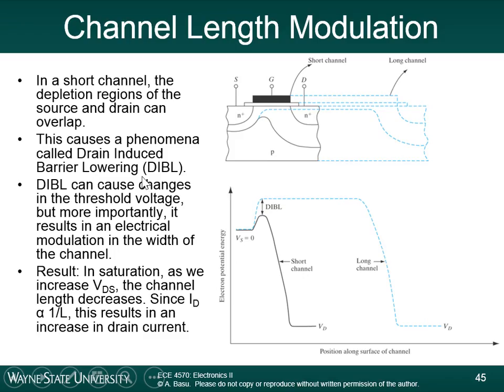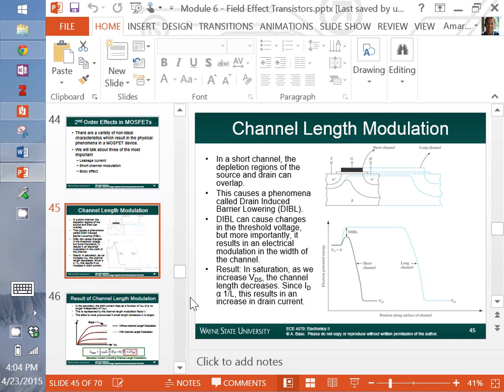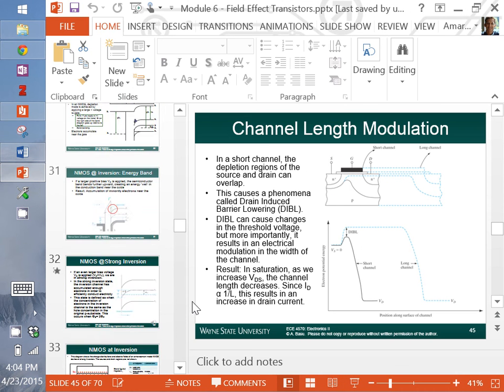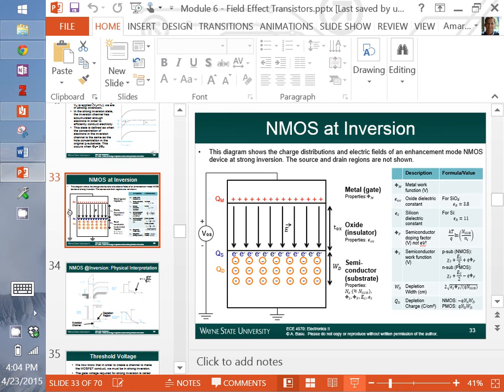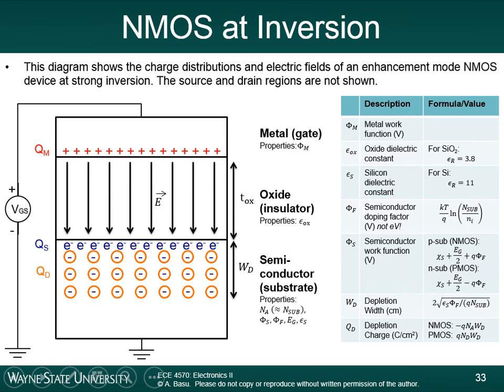So first, let's remind ourselves what a depletion region is and why we have it. We talked about one type of depletion region in the MOSFET, and that was the depletion region at inversion. Remember, these circles down here were called the depletion charge, and we even had a formula to figure out what the depletion charge was.